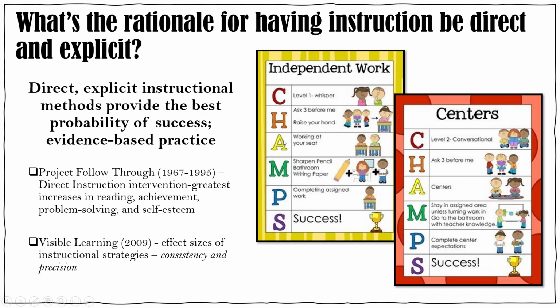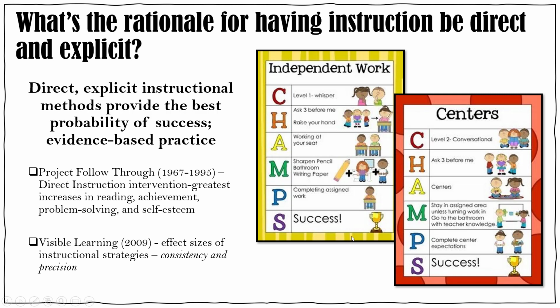The A typically stands for activity. So what tasks are they supposed to be doing? For independent work, they're working at your seat. For the centers, they're working on the centers. The M typically stands for movement. So what level of movement should they have? P typically stands for participation. So how will the teacher know that they're participating?